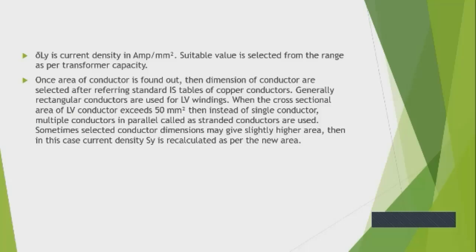When the cross-sectional area of LV conductor exceeds 50 mm square, then instead of a single conductor, multiple conductors in parallel, called standard conductors, are used. Sometimes selected conductor dimensions may give slightly higher area. Then in this case, current density is recalculated as per the new area.